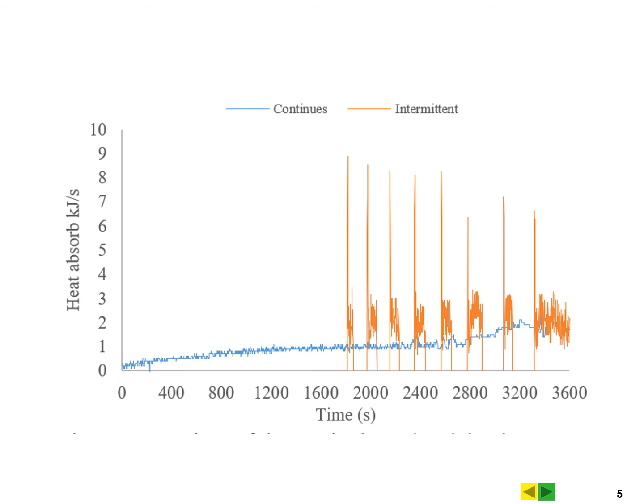The total heat absorbed in continuous flow mode was higher than intermittent flow mode by about 8%. This is because the flow of the intermittent cycle started at 40 degrees Celsius of heat recovery water temperature. The LMTD and heat absorbed of continuous flow mode are higher than the intermittent flow mode.